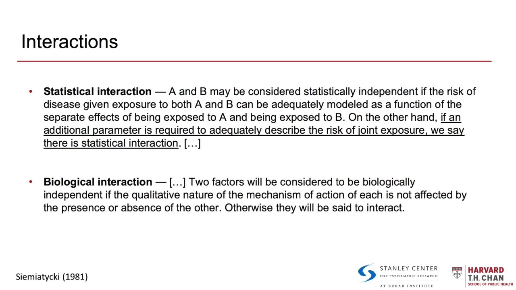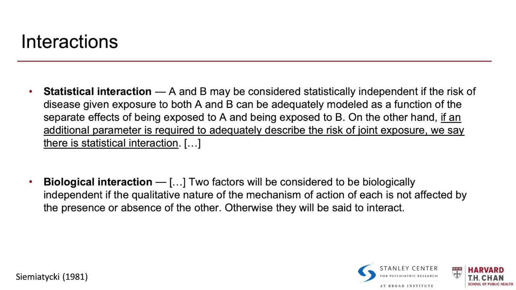To give a brief definition, statistical interaction is when you have two exposures, A and B. We can consider them statistically independent if the risk of the disease given exposure A and B can be adequately modeled as a function of separate effects of being exposed to A or being exposed to B. On the other hand, if an additional parameter is required to describe the risk of joint exposure, we say there is statistical interaction.